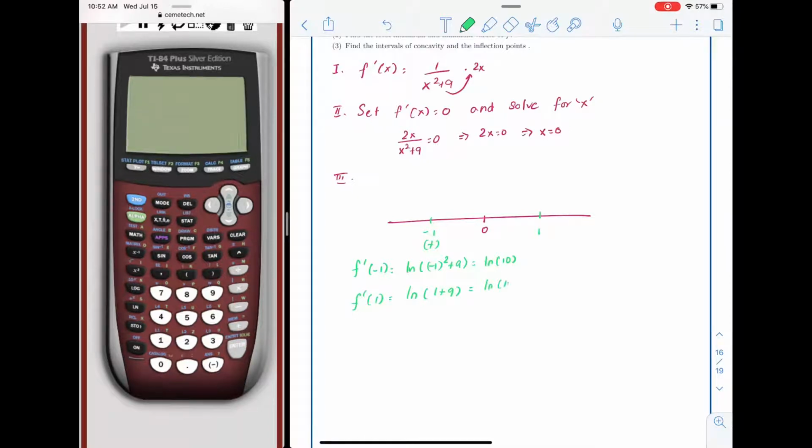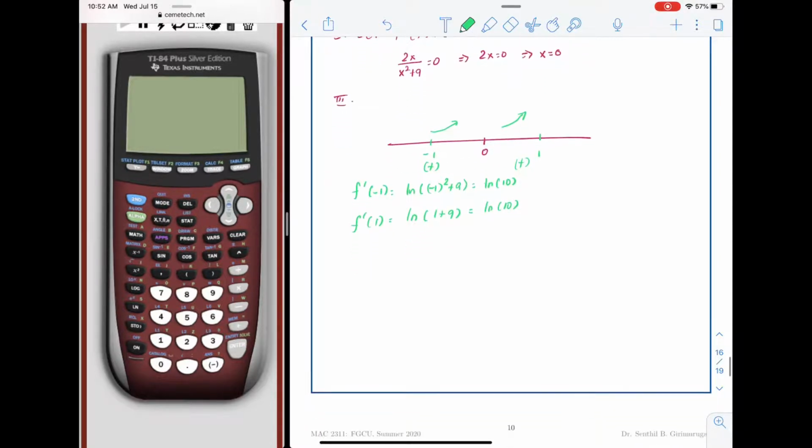That would also be ln of 10, so it's positive here also. It seems like the function is increasing here and increasing there as well. Interesting. So the critical value seems to do nothing for us.